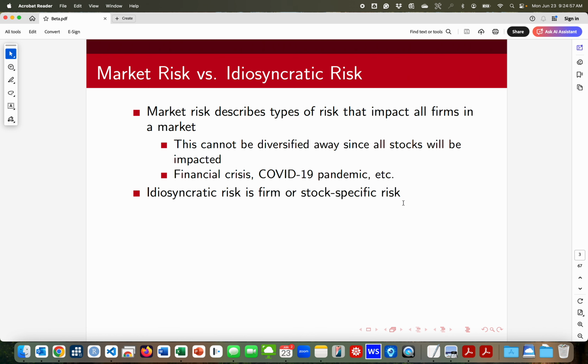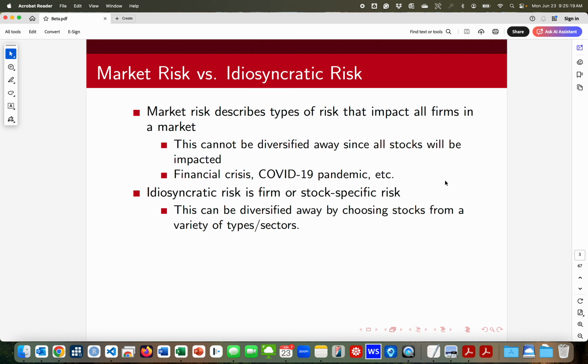Random risk or idiosyncratic risk that can be firm or stock-specific can be diversified away. So let's say there's something that could affect a particular industry. Well, you can diversify that away by building a portfolio with multiple industries. If everything's in automotive, and there's something that affects the automotive industry, well, everything in your portfolio is going to be affected.